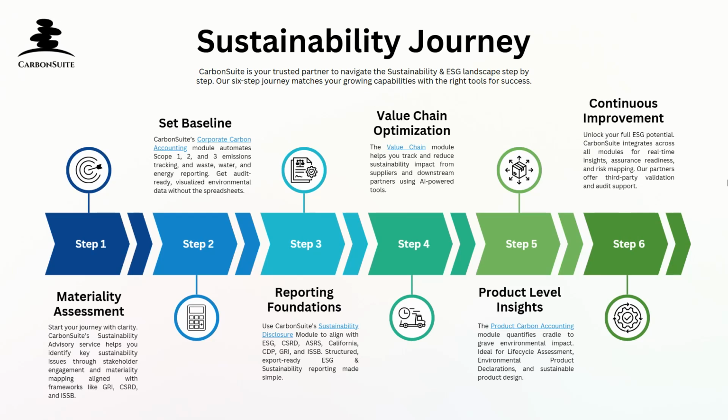And it is a journey, right? So you're continuously improving. We have a series of partnerships in our services network that can help you to really manage all these different areas and drive additional value from your sustainability reporting as you continue to grow and mature in your journey.